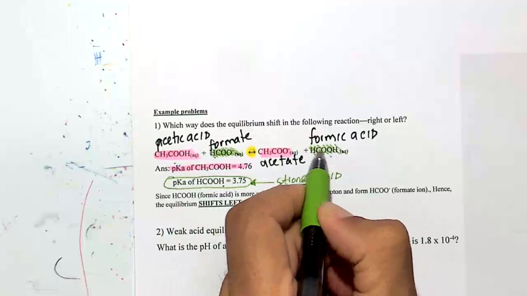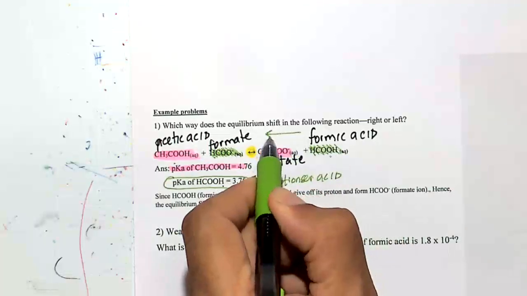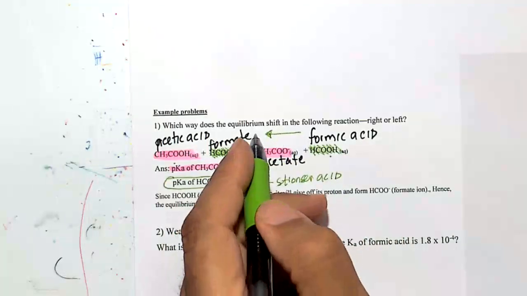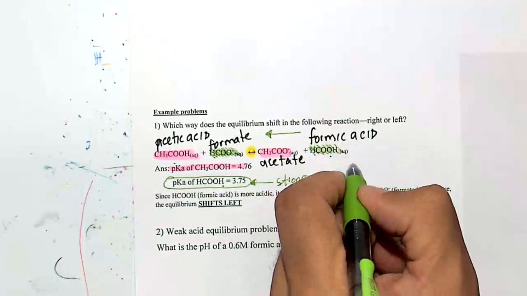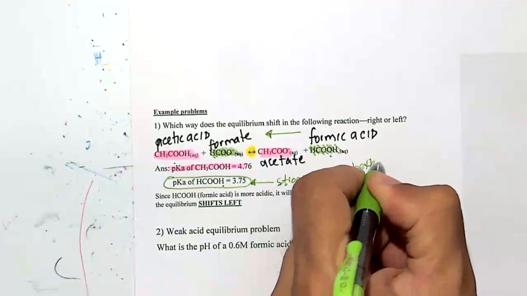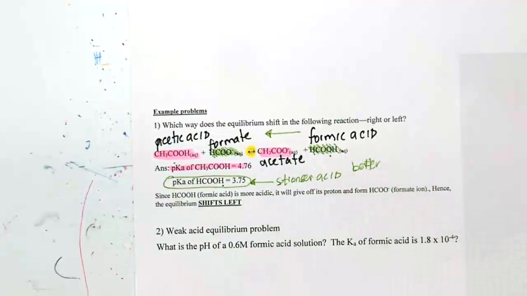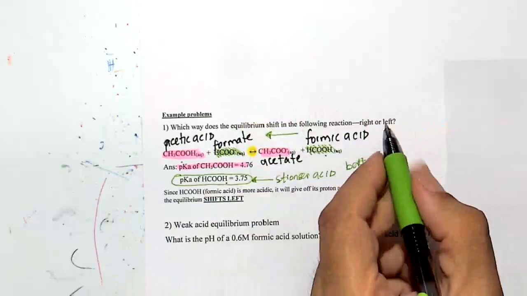So formic acid is here, and it's better at giving off its proton. The equilibrium will shift to the left. Okay? So it's the stronger acid, better in donating its proton or protonating.